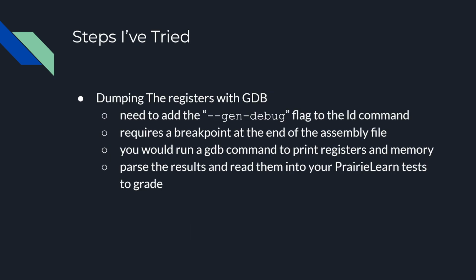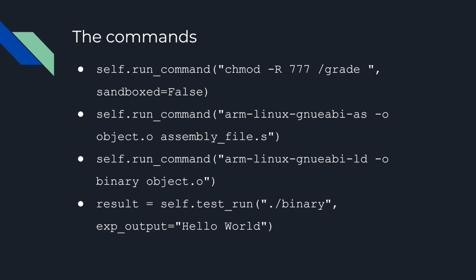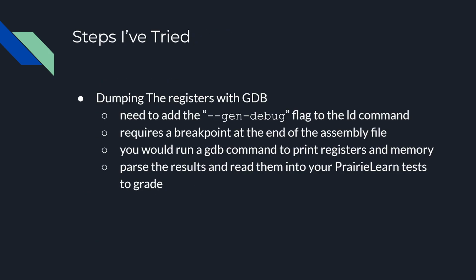The first step I tried, and really the only one I got hung up on, was dumping the registers with GDB. GDB is the debugging tool used for C compilation mostly, but we can also use it for assembly here. If we go back to the second command, arm-linux-gnueabi-as, that makes our object file. We need to add the gen debug flag.